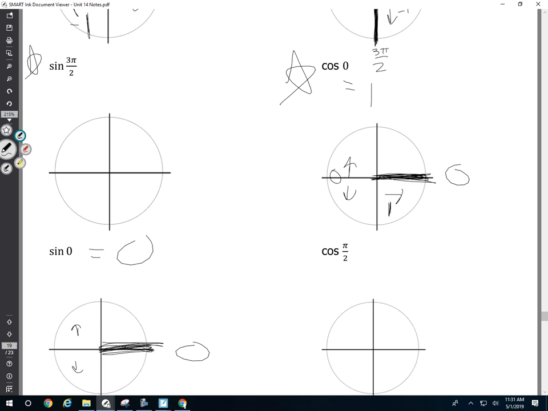Sine of 3 pi over 2 is -1. Sine, opposite, vertical distance. The vertical distance to get where 3 pi over 2 is, I go down 1, but I do not go to the left or to the right at all. So that's why the sine of 3 pi over 2 is -1.